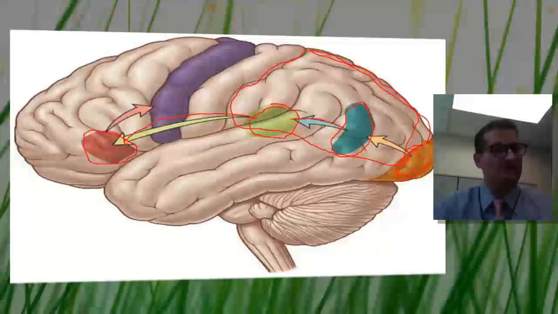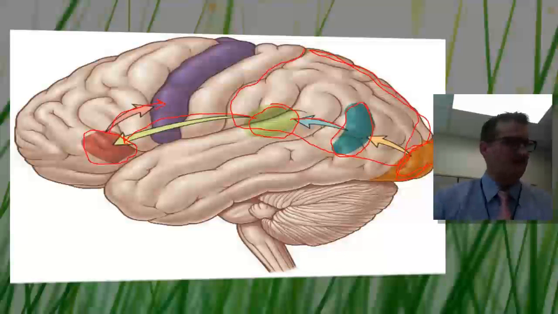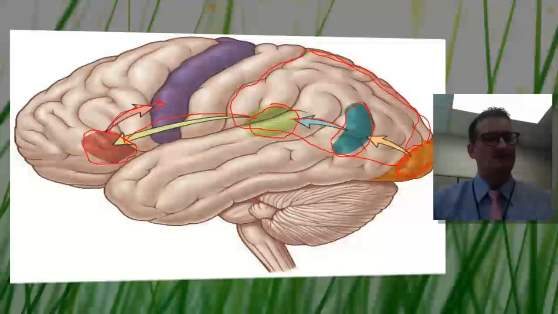It then sends the appropriate impulses to the primary motor cortex here. The primary motor cortex sends impulses to the muscles necessary to pronounce a word. So this is the process that occurs when a person is reading aloud.